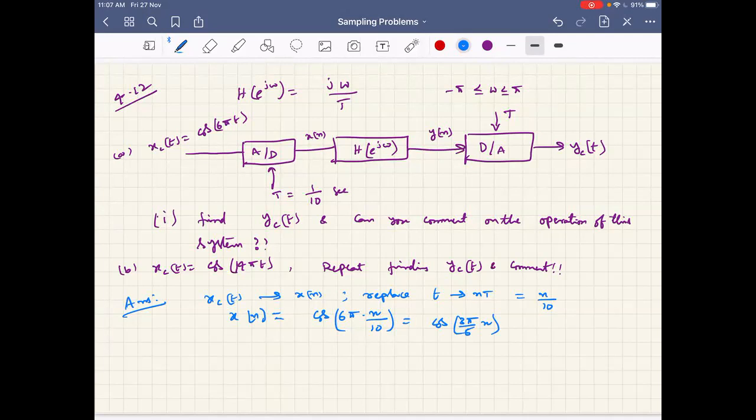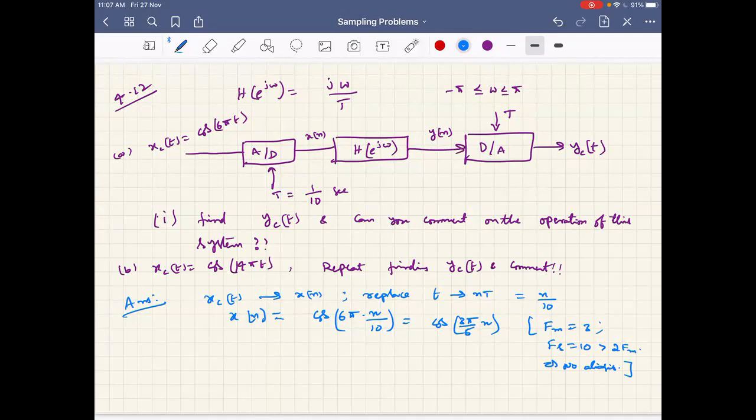No, because the maximum frequency of the signal xc of t, fm, is equal to 3, whereas Fs is equal to 10, which is more than 2 times fm. So no aliasing. Good, this is a good inference. At every step, making some inference like this will help to give inputs for the later steps.